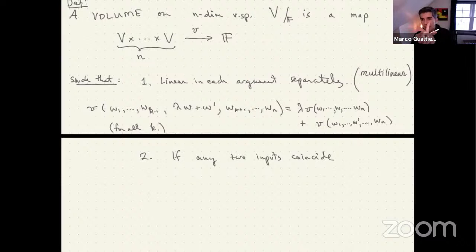So it would be like having two edges that are parallel, and it gives you a very, very thin, infinitely thin parallelogram. So if any two inputs coincide, V is equal to 0.